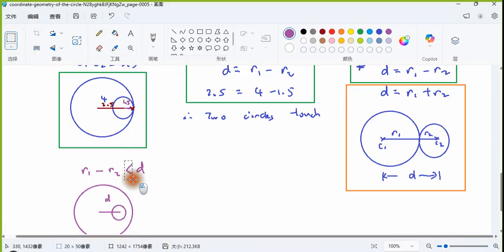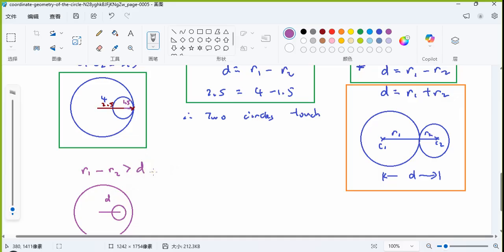Imagine we have this, with R1 here and another point here, and this is D. So if R1 minus R2 is greater than D, they don't touch. Likewise, if R2 minus R1 is greater than D, they don't touch.